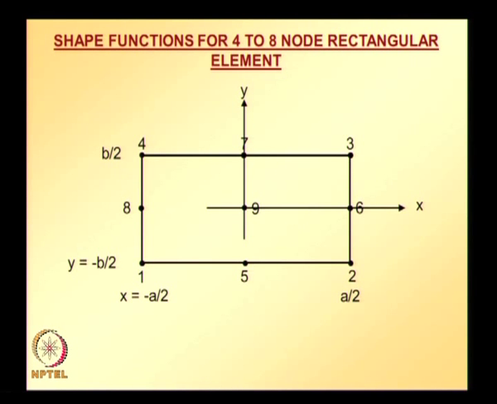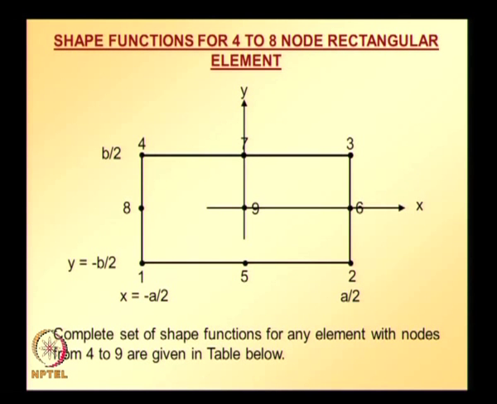With this particular node numbering scheme, shape functions for higher order elements are constructed by adding terms into shape functions for lower order elements. Here there is a typing mistake in the title, it should be shape functions for 4 to 9 node rectangular element.